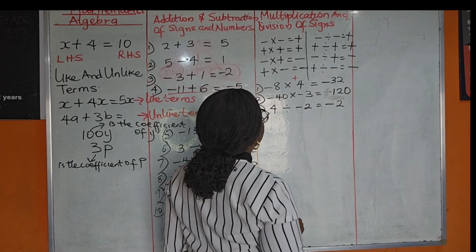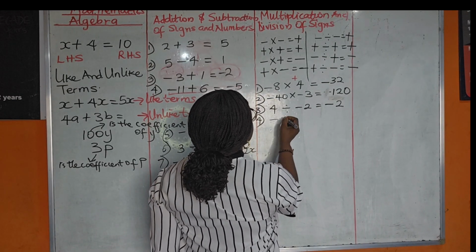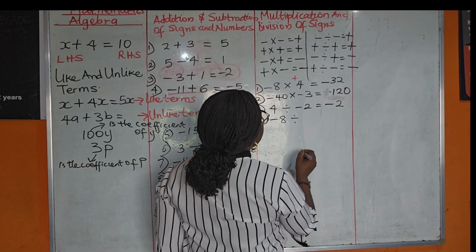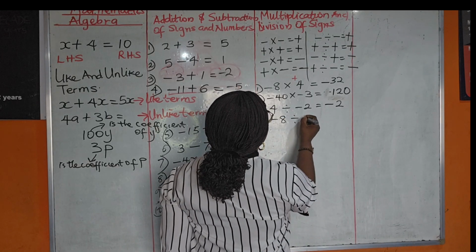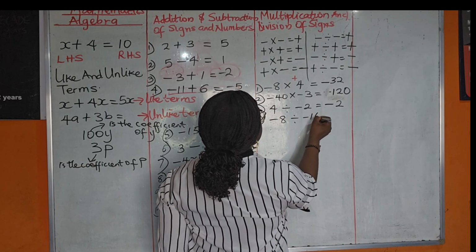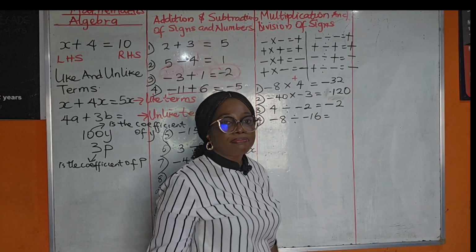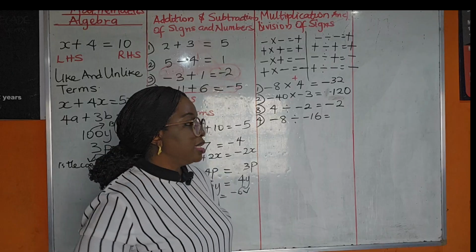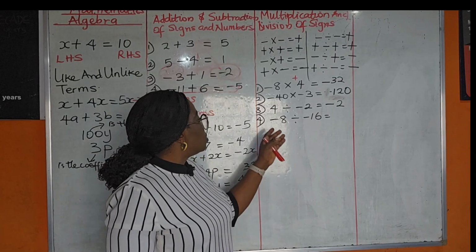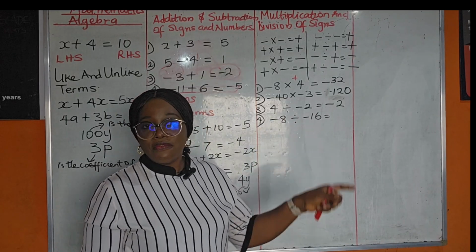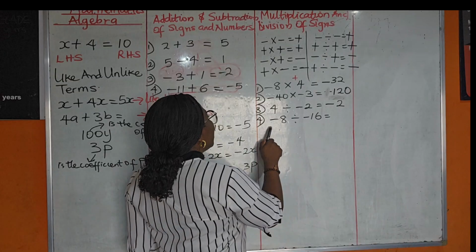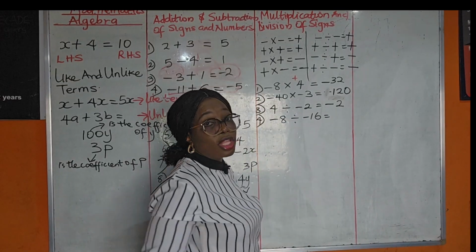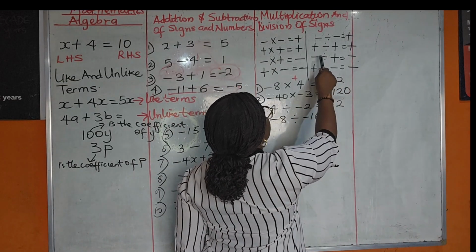We have something like this. Minus 8 divided by minus 16. The first thing we do is to divide the signs first of all. Let's get the signs. Minus divided by minus is what? Plus. You can see it over here.